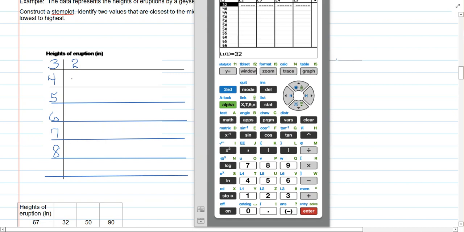Well, then I'm in the 40s. So it's 40, 44. Notice I'm only putting the last digit. Then it goes to 50. 1, 2, 3, 4. I got 4. I'm still in the 50s. I have a 5, 55.